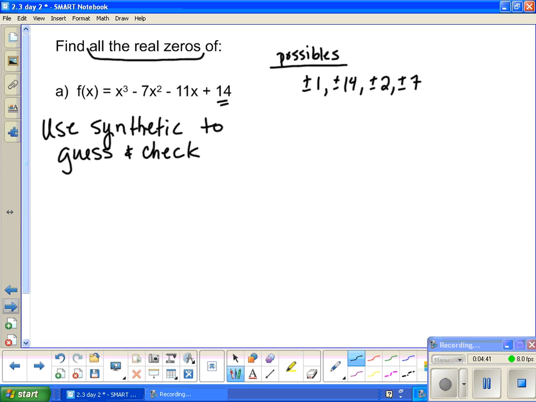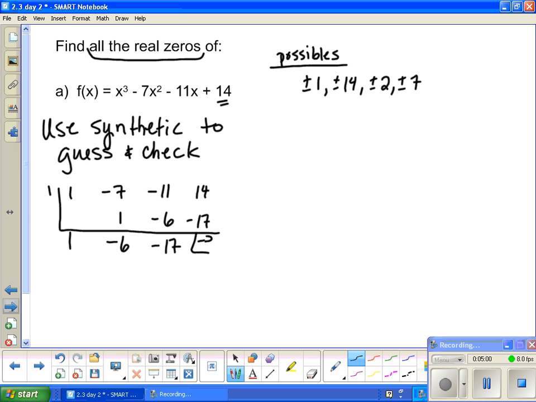So now I'm going to start with 1, my first obvious choice, and it's 1, negative 7, negative 11, positive 14. Okay, bring it down, multiply, add, multiply. So this one does not work.